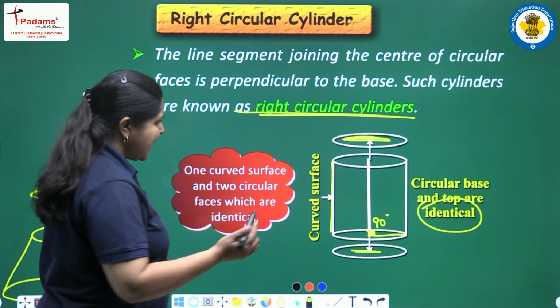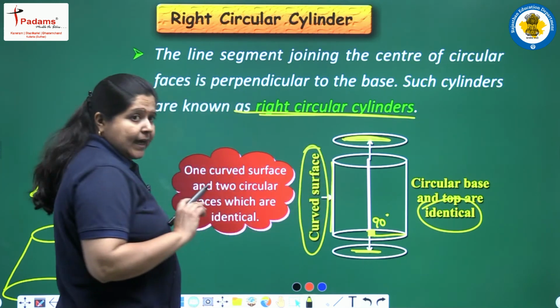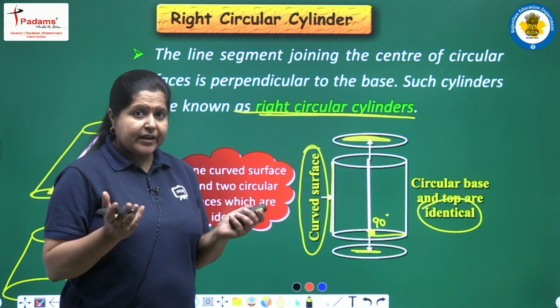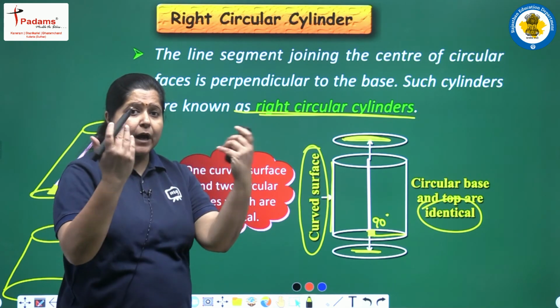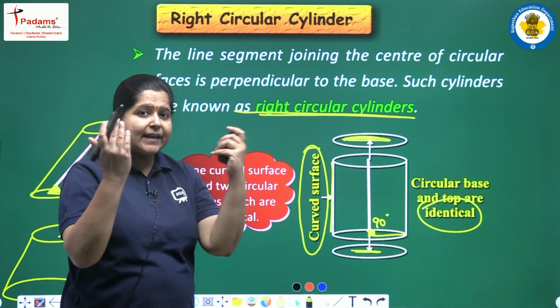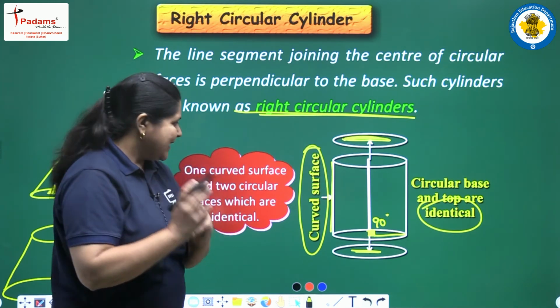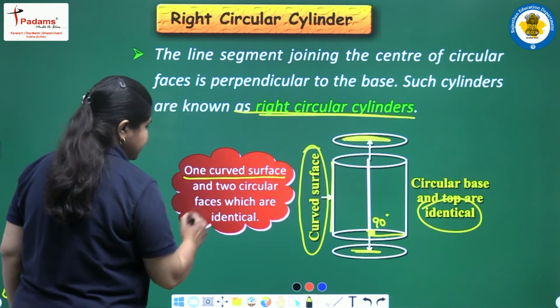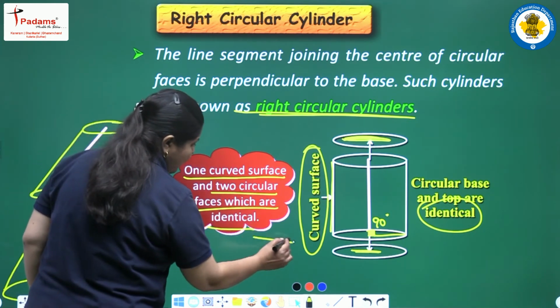This is the reason, and here you can see this is important now, curved surface. अगर आप अपनी वाटर बॉटल लें जो सिलेंड्रिकल हो तो आप देखेंगे कि जो बीच का पोर्शन है वो इस तरह से कर्व्ड है, राउंडेड है, and so this rounded portion is called the curved surface of the cylinder. One curved surface and two circular faces which are identical, they form a cylinder.